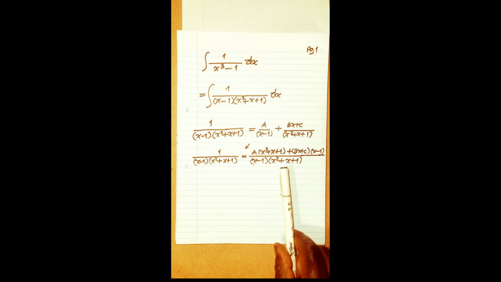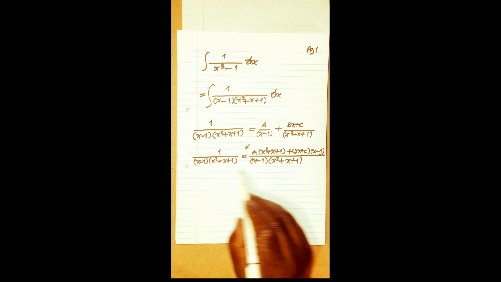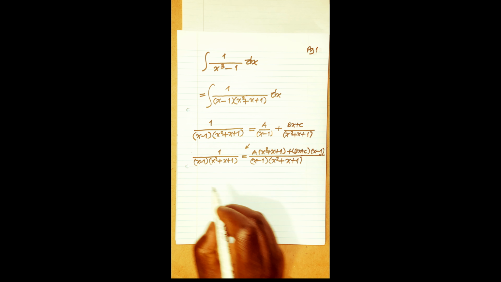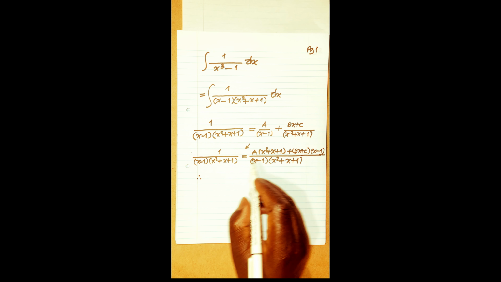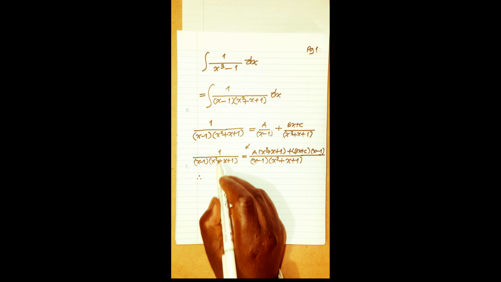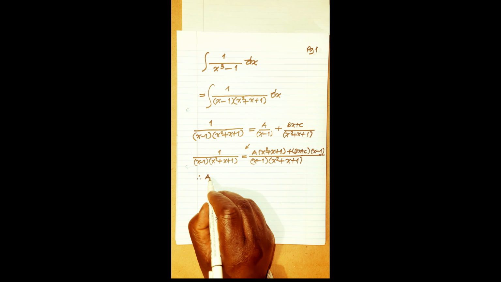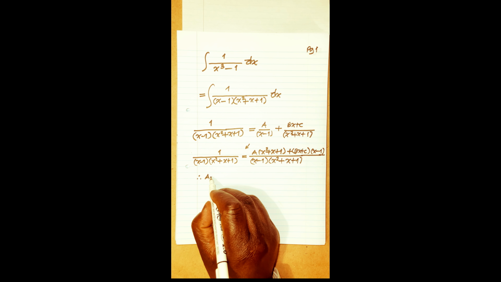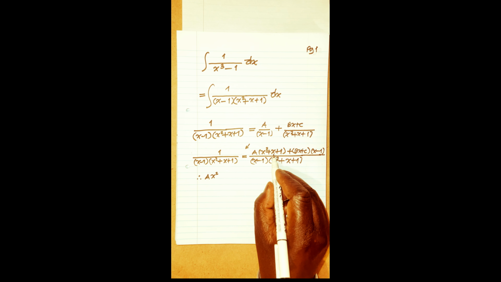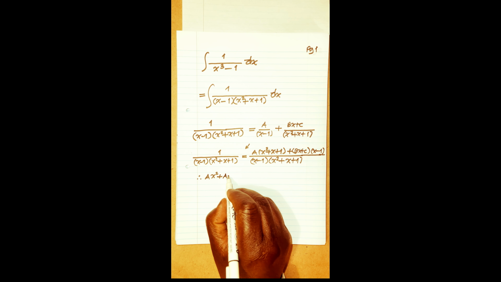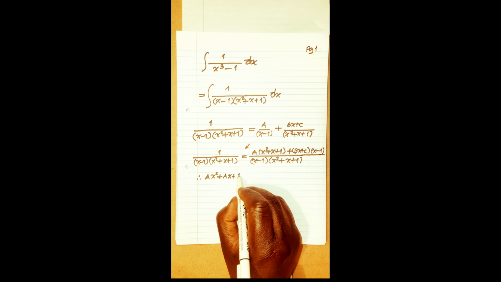Now see, we have two fractions here that are equal. Denominators are equal, therefore numerators must also be equal. So I can say here now, therefore, that expression must be equal to 1. So we are saying a, and let me expand this. It will be ax squared plus ax plus a.